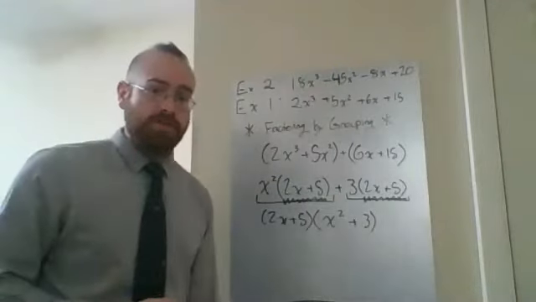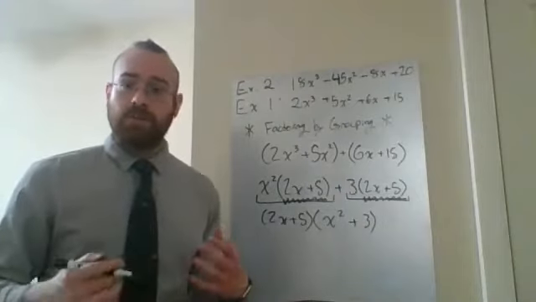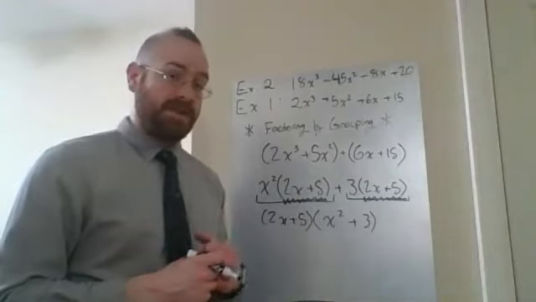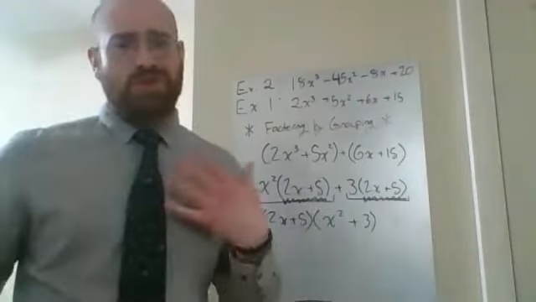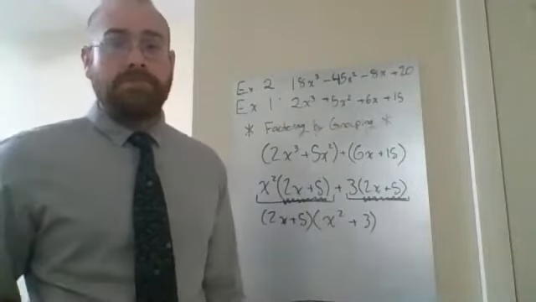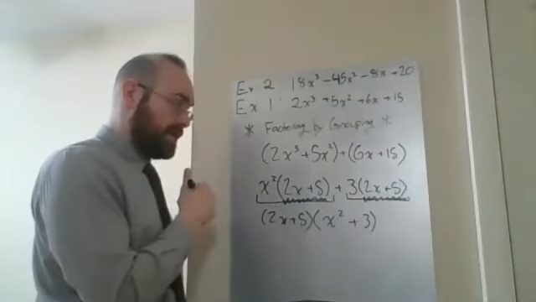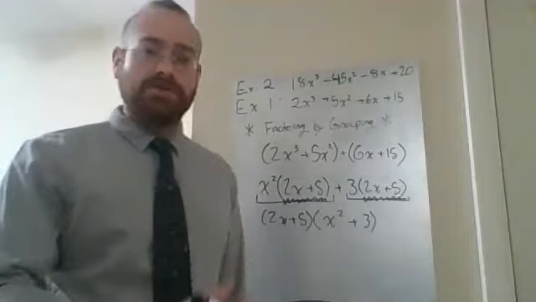Now pause the video and ask yourself, is this expression completely factored, or can we factor it further? Now you might have gotten held up that this is x squared plus 3, and 3 is not a square number. But as it turns out, we can use our fundamental theorem of algebra to factor it further.